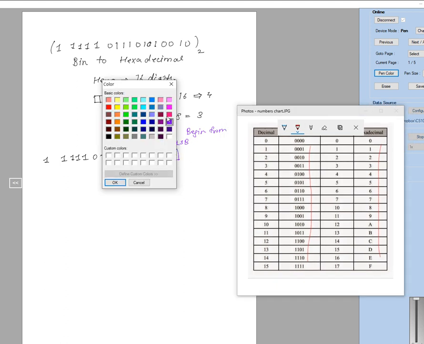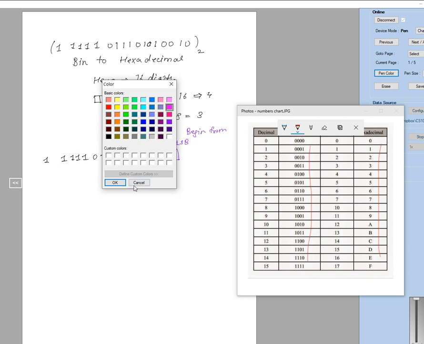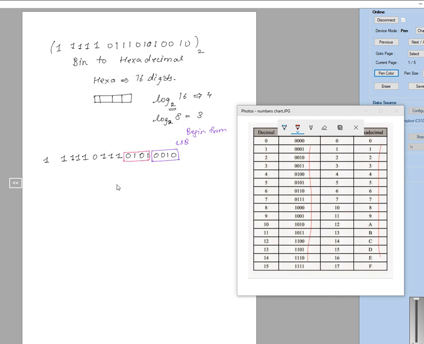Now again, a new color for the next group. So this is group number 2. Again, let us change the pen color just for easier visualization. This is another group of 4 binary numbers, and another group of 4 binary numbers.